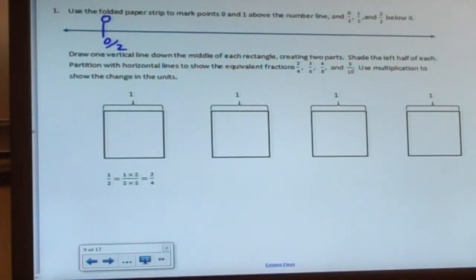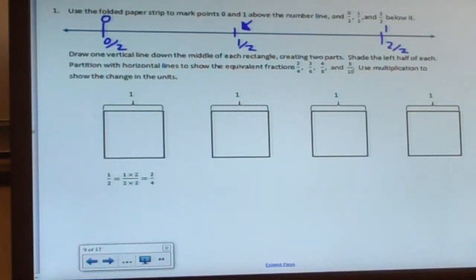Cheyenne? At 1. 1 is equivalent to how many halves? 2 halves. And what's going to go directly in the middle between 0 and 1, James? 1 half, which is equal to 1/2.